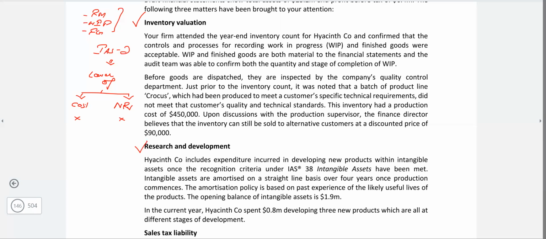So whenever you're reading the question, make sure you have this in your mind before you start reading the substantive procedure, because without accounting, you cannot make the procedures. Why is that? Because being an auditor, you are checking the financial statements, so you need to know how those things are recorded within the financial statements before you actually see them.